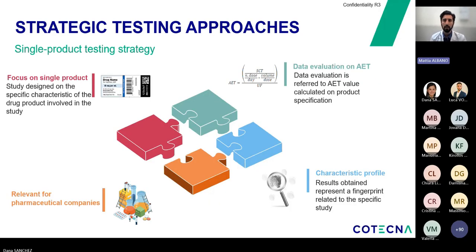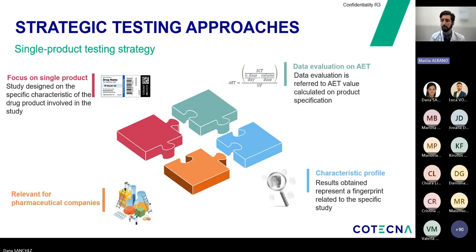So, in this second part of the presentation, I would like to share the Neotron proposals for elemental impurities analysis that can be divided into different approaches. The first one is the single product testing. Here, the study protocol is focused on a single drug product, evaluating all the information from the package leaflet.